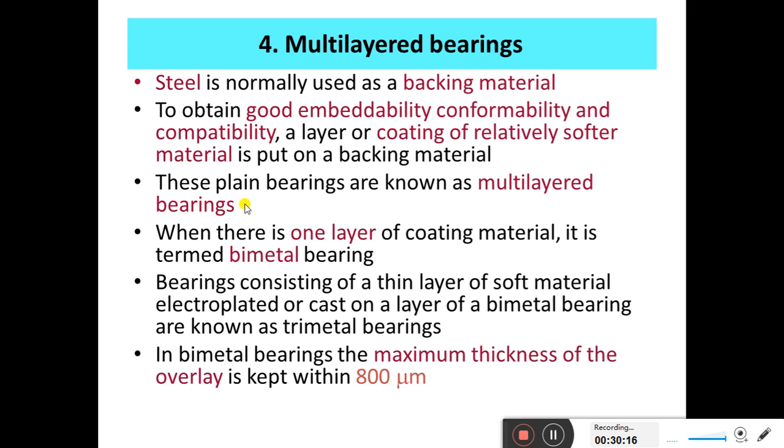If I use steel as a bearing material, steel has a lot of drawbacks: less corrosion resistance, less embeddability. Just to overcome those drawbacks, we coat some materials over that steel or primary metal, and that is called a multi-layer bearing.